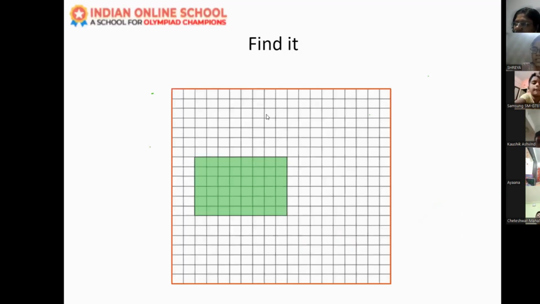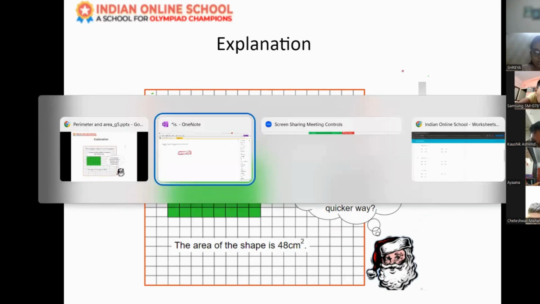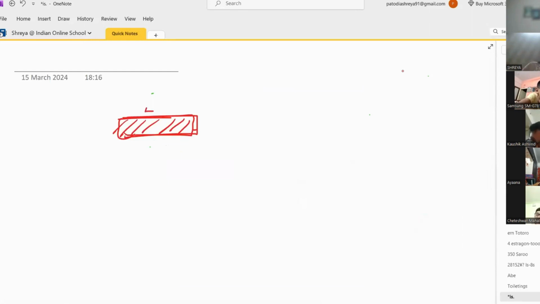Moving on. Similarly, perimeter was where you were adding up. When you have to calculate area, you multiply. Let me tell you one more thing, students. Let's say 5 centimeter and 3 centimeter. If you have to calculate the area for this, you will multiply 5 centimeter into 3 centimeter.